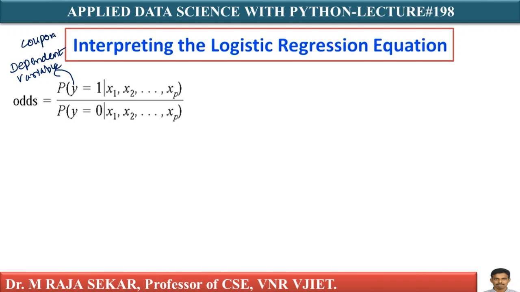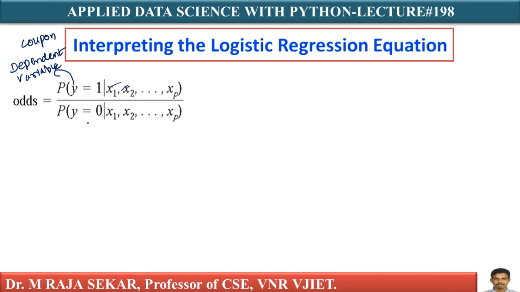What is the meaning of y equal to 1? Y means coupon, equal to 1 means the odds of using coupon for given x1, x2, and so on up to xp. These are independent variables, isn't it? What is your x1? What is your x2? What is your xp? They are independent variables.